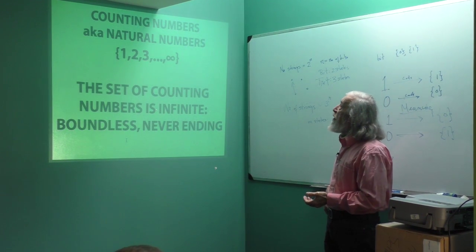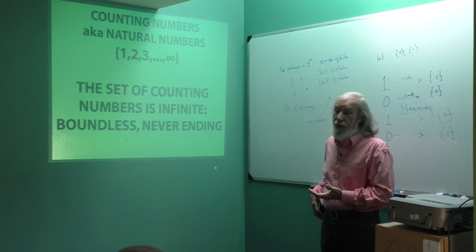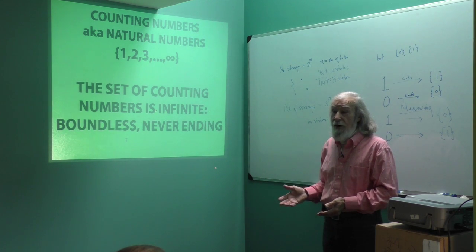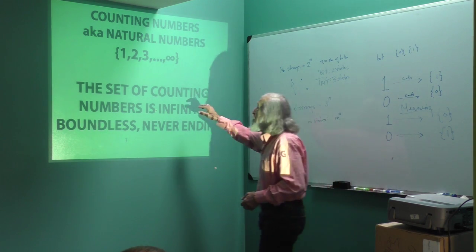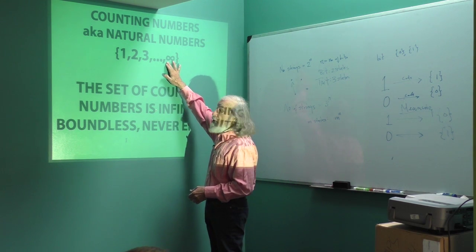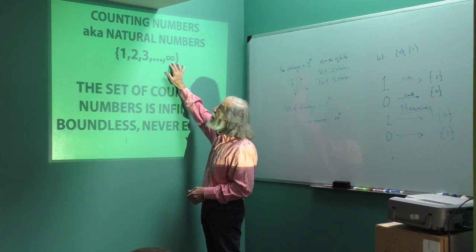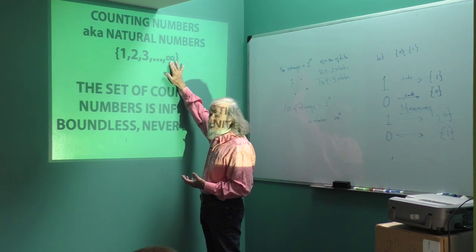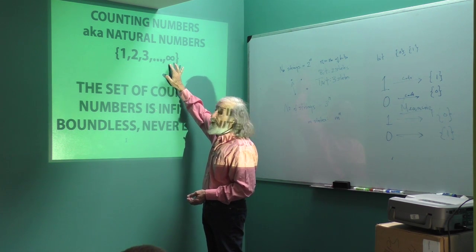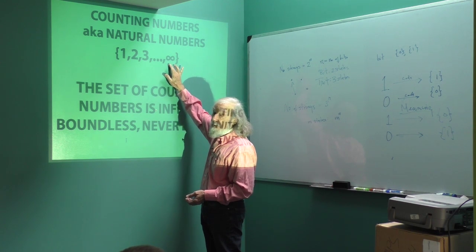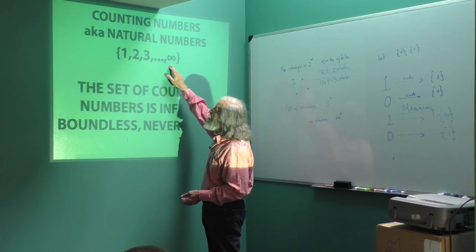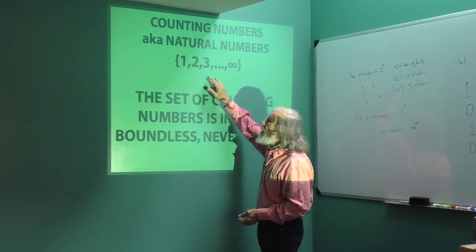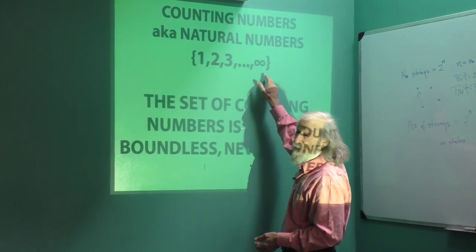The counting numbers are also known as the natural numbers. 1, 2, 3, 4, and on. And I put an infinity symbol here. I normally don't like to do that, but I'll put it here because infinity is not really a number. It's a concept. So, just to give you the sense that this string is an infinitely long string, and the elements in it are the natural numbers.